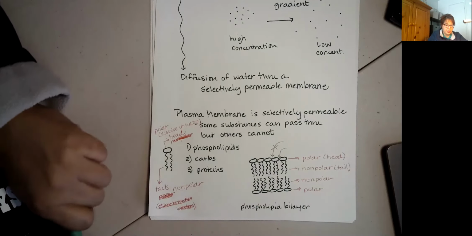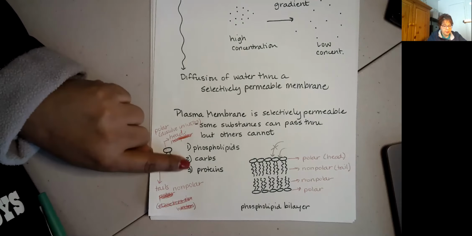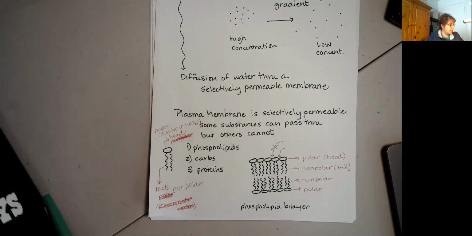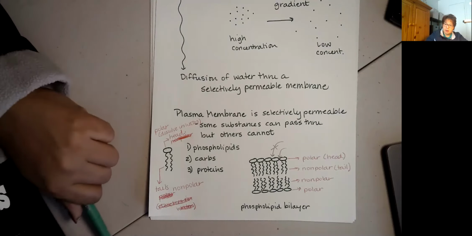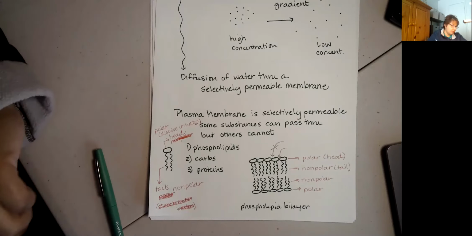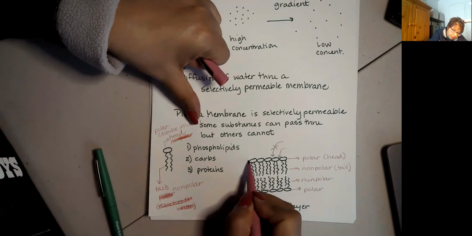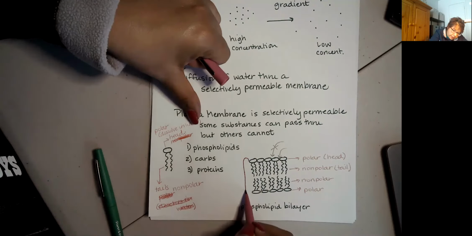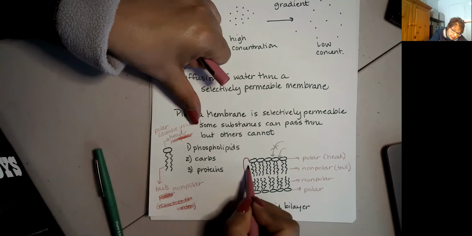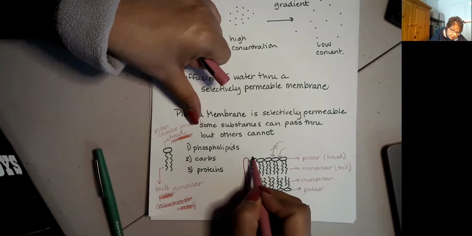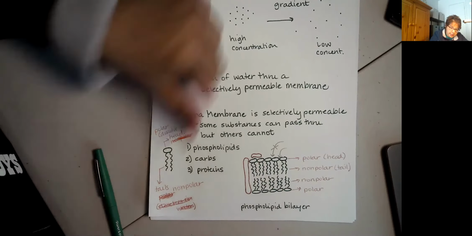Now, I mentioned there are other things as part of the phospholipid layer. There's proteins and there's carbohydrates. We'll draw those in. Some of the proteins are very large and they go all the way across like this. Some of the proteins are relatively small and they stay on the top.